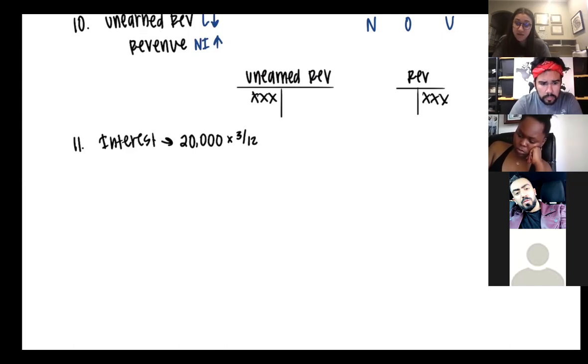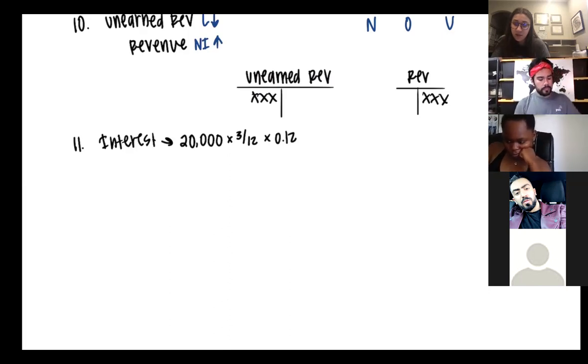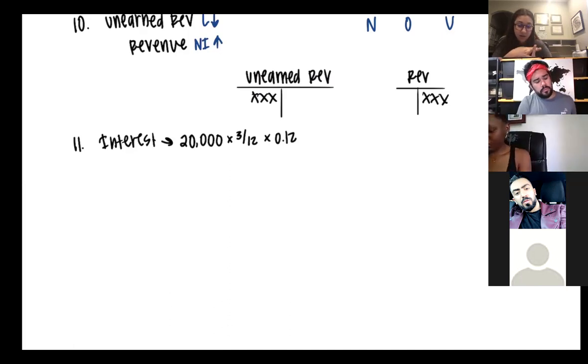And it's not out of 9 because the interest rate, the 12%, is always based off of 1 year. It doesn't matter how long the note is for. The length of the note is just going to tell you when you have to pay it back. So it's 20,000 times 3 months out of 12 because you have October, November, December, and it's at a 12% interest rate, which is 600.